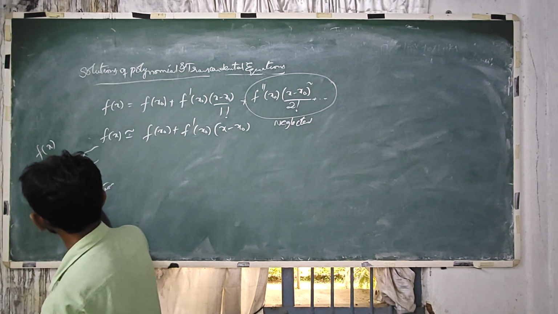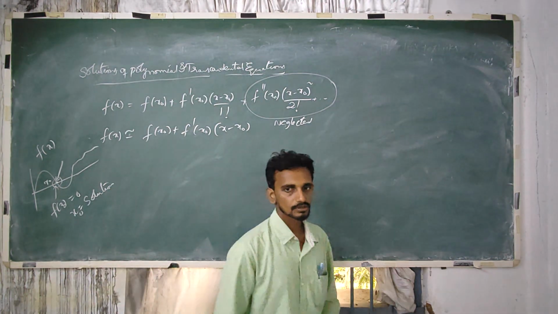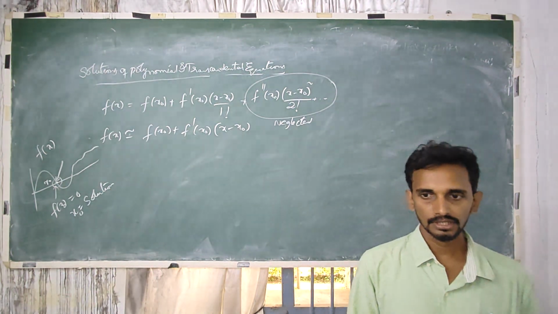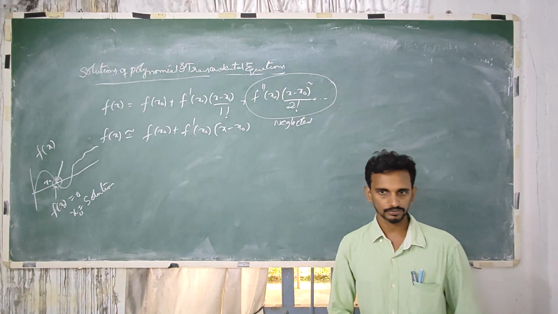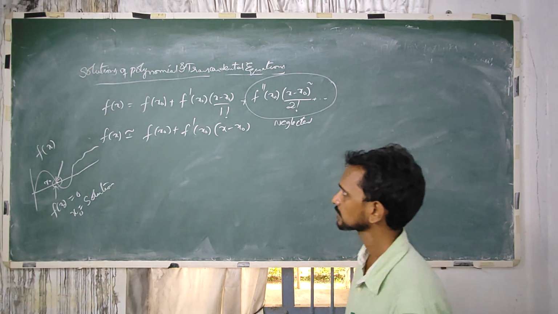Let's say we call it x naught. x naught is the solution. It is the value of x where the function becomes 0.